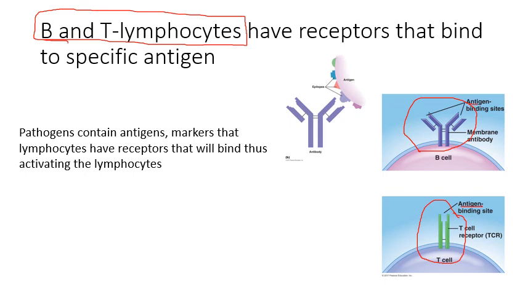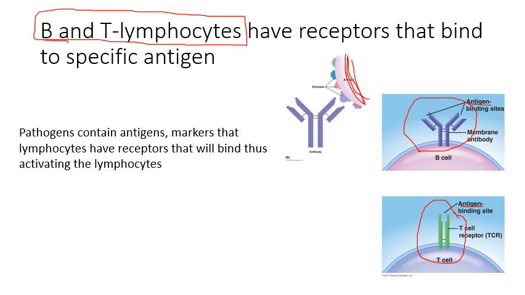Okay, an antigen is basically certain pathogens have certain markers, surface markers that are called antigens. These are usually proteins or glycoproteins on the surface that are specific for a certain pathogen.